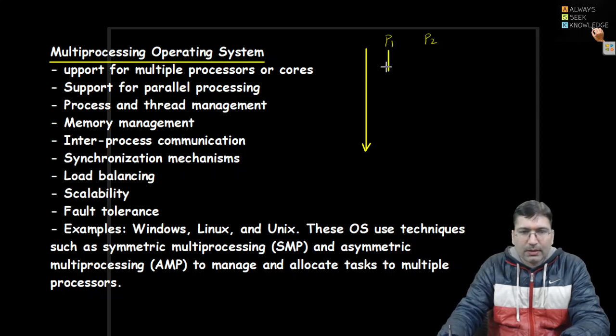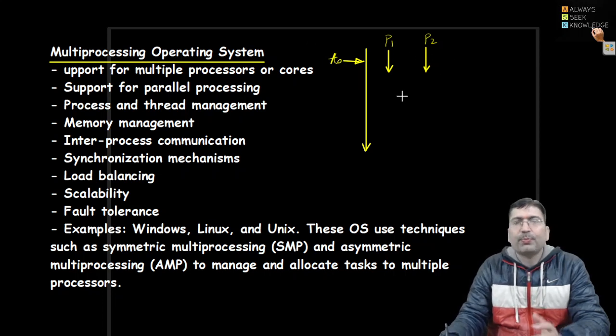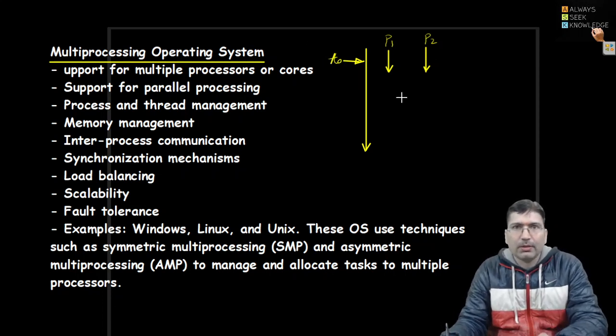So here it is possible that one process P1 is executing on core 1 or maybe processor 1, and at the very same time process P2 is also executing maybe on core 2 or processor 2. So if you look here at any point, let's say T0, if I consider this is moment T0, at T0 P1 and P2 both are active. This is parallel processing, not the concurrent one. Okay.